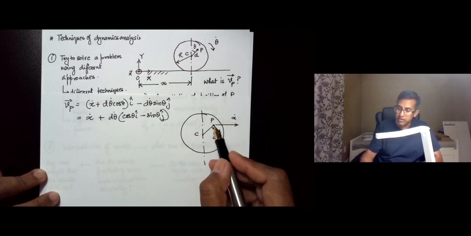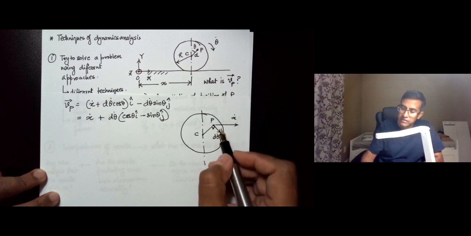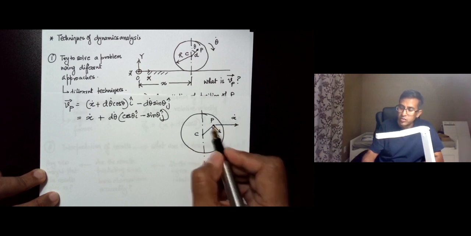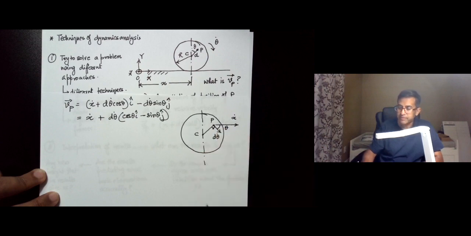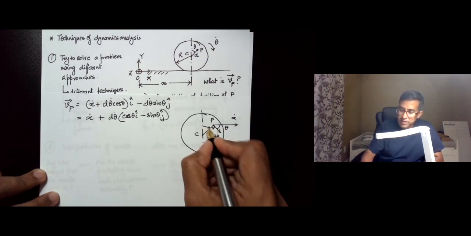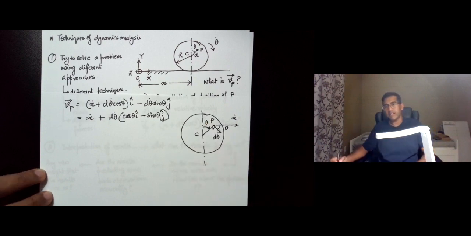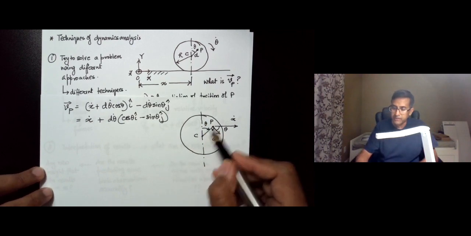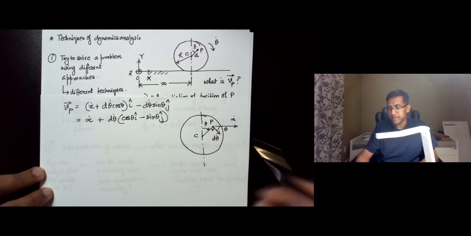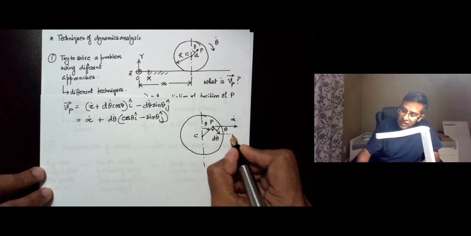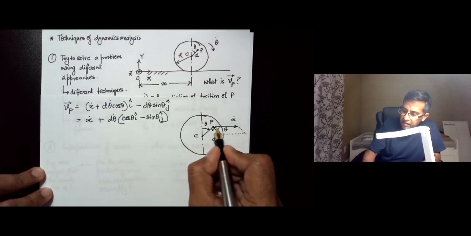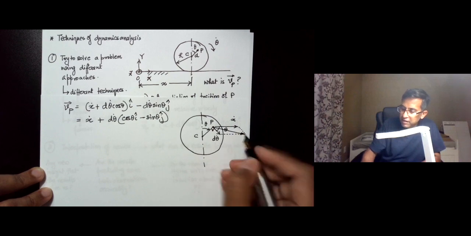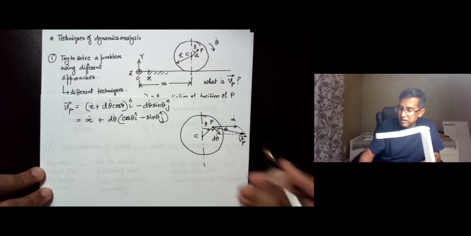So there is one component due to the translation of the disk and one component due to the rotation of the disk, and the net velocity of P is due to a vector sum of these two, and in fact the angle between these two vectors is theta, because CP is making an angle theta with the vertical, and you can show through geometry that this angle is theta. So the net velocity of P is this vector.